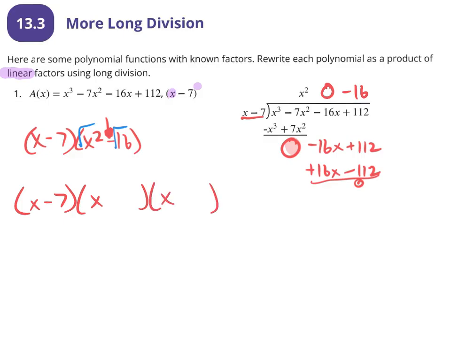Now, when you take the square root of a positive number, you get two answers. One is going to be positive and one is going to be negative. Positive 4 times positive 4 is 16. Negative 4 times negative 4 is 16. So there you go. That is the answer.